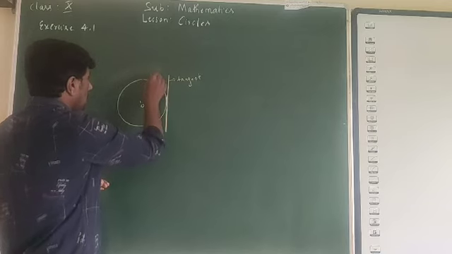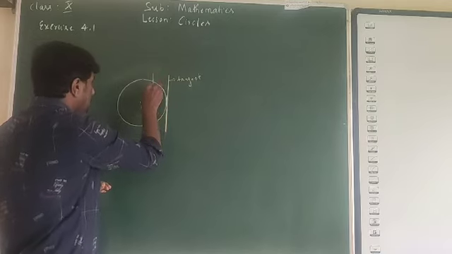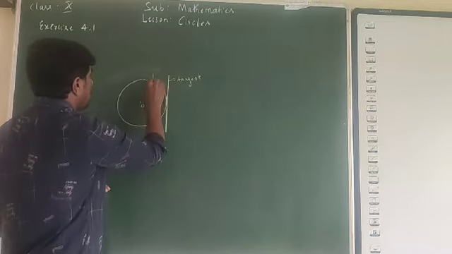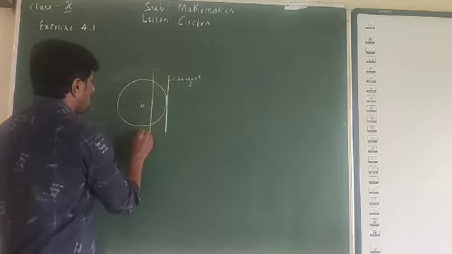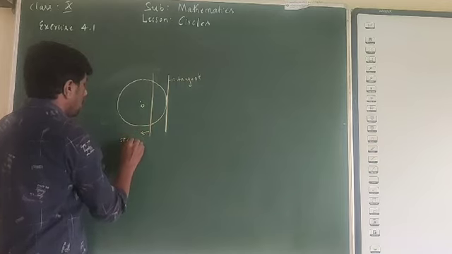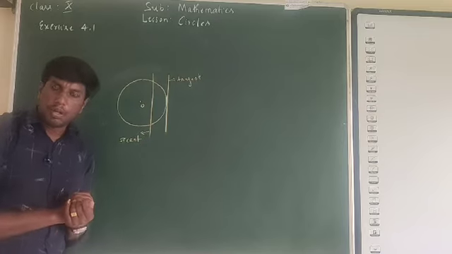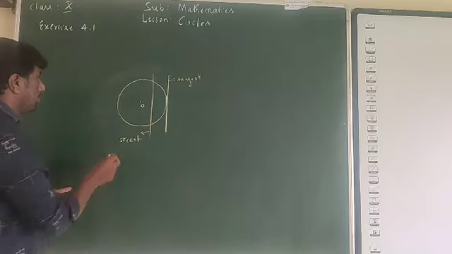So use the scale and draw the parallel line. It will intersect the circle at two common points. So this is the secant.